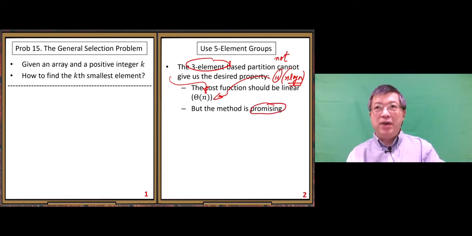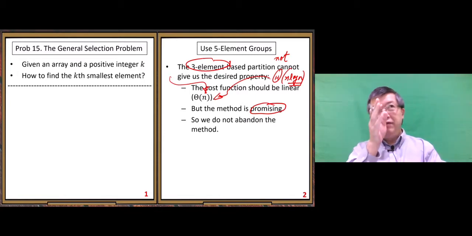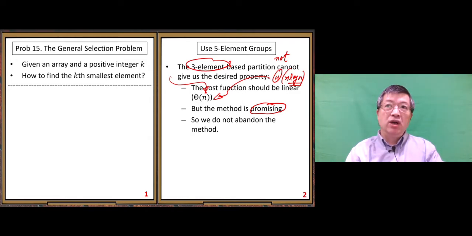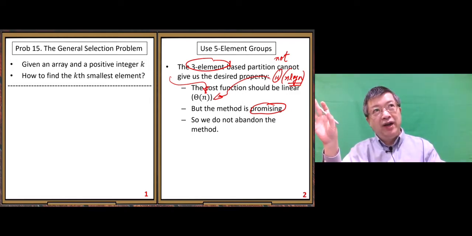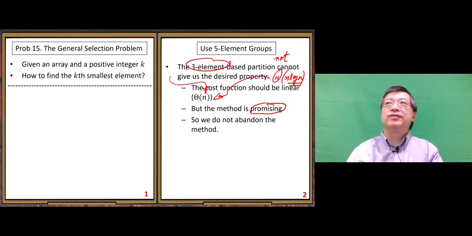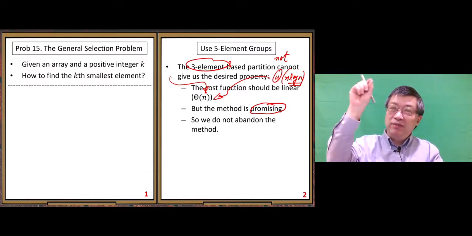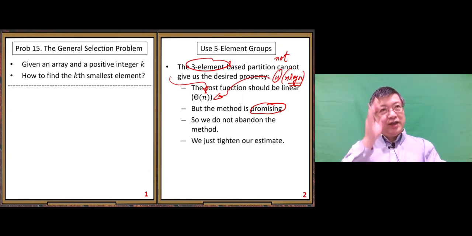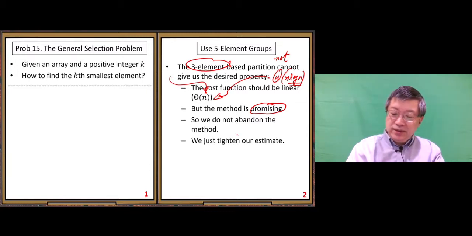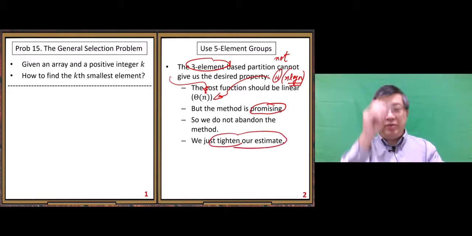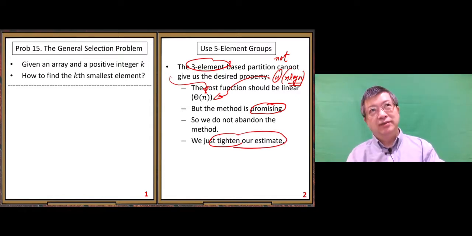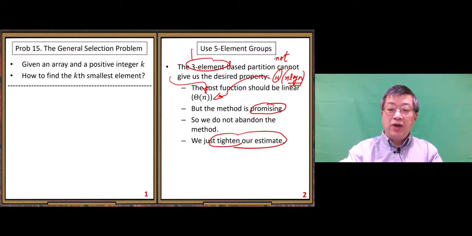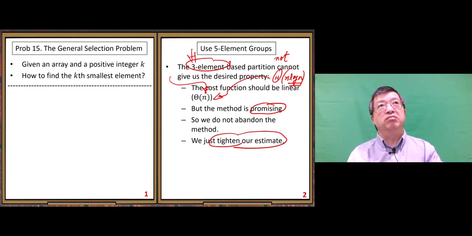That means although that method failed the previous time, we should not drop it. We should not throw it away. We want to keep it, but we need to do some important adjustment. We need to tighten our estimate. How to tighten? There is some room, because why choose 3-element based partition?